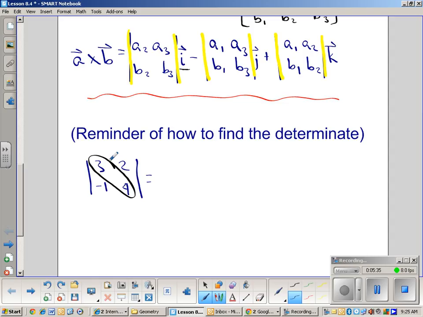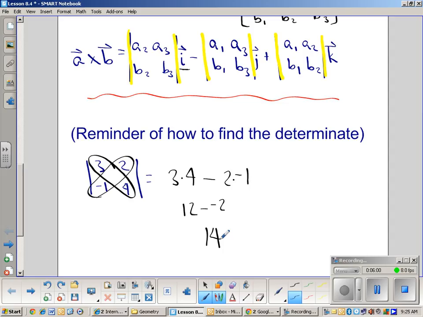Before, a matrix that said find the cross product just meant find the determinant: 3 times 4 minus 2 times negative 1. 3 times 4 is 12, minus a negative 2 gives me 14.